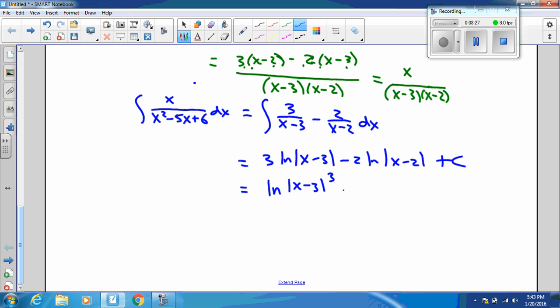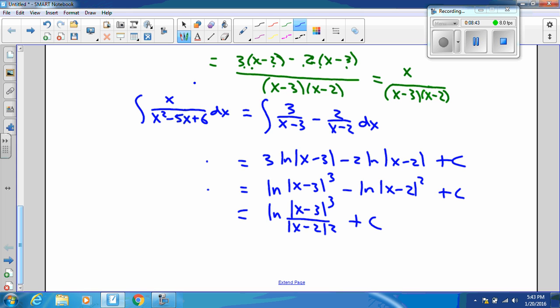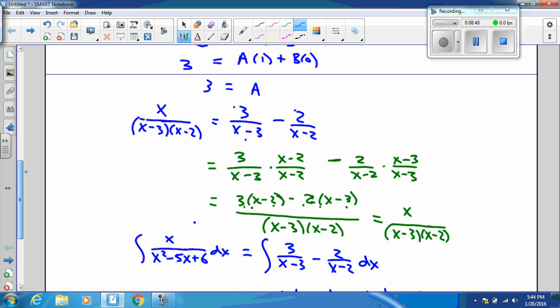Of course, you've got to be careful because answer keys will often use log properties to rewrite. So you could see this answer, or you could even see this answer right here. So just be careful about that. Any one of these three, of course, would be acceptable.